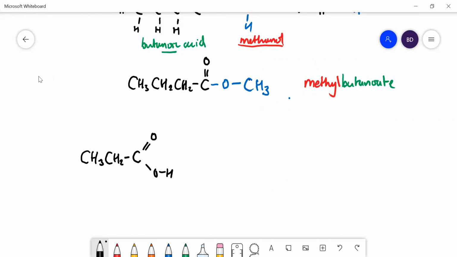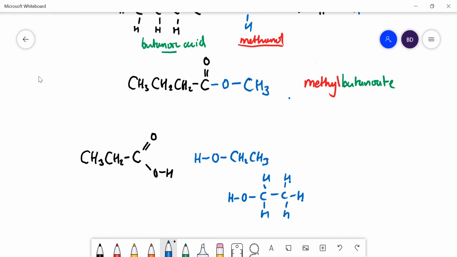Now, normally I would draw ethanol like this. I'm drawing it backwards so that the alcohol group is near to the carboxylic acid group. So we normally draw it like that, but to save time, we're going to draw it like this: O, CH2, CH3. So that is ethanol.